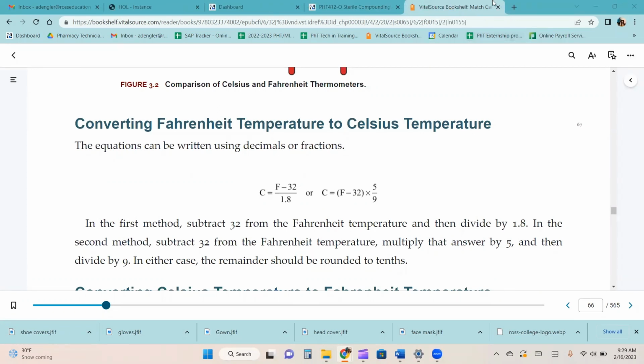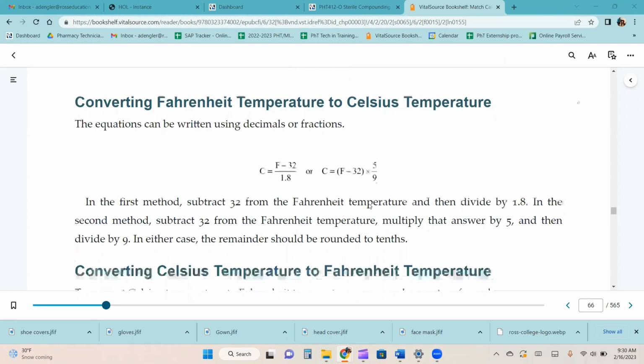Converting Fahrenheit temperature to Celsius temperature, we're going to use these equations. And you can either use the decimal form or the fraction form. I will use the decimal form in the practice examples I'm going to show you. It's a lot easier for people to understand, I believe, and put in a calculator than the other one.